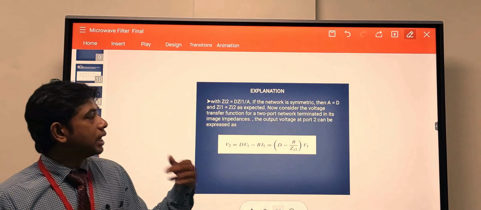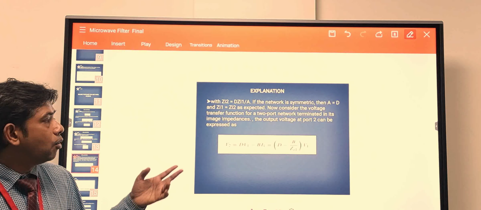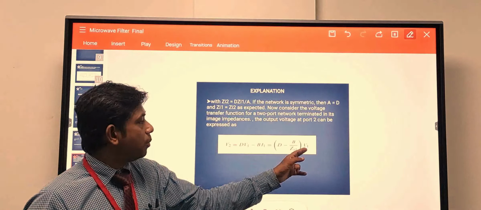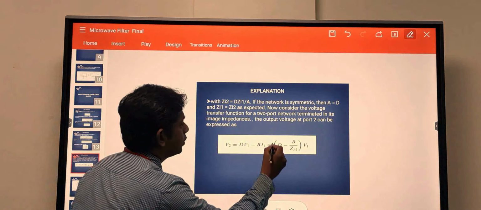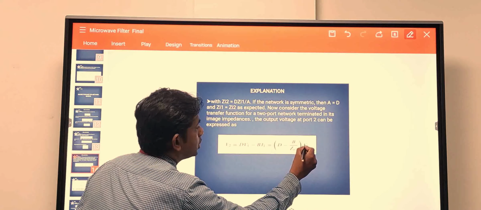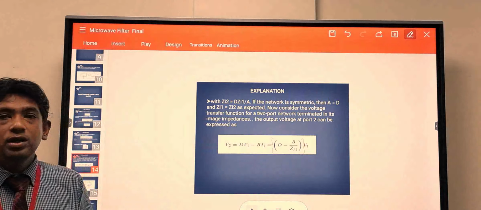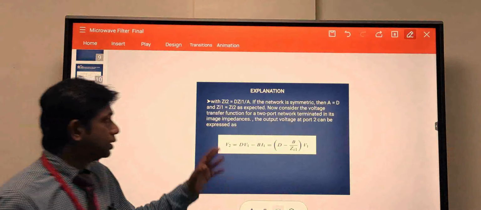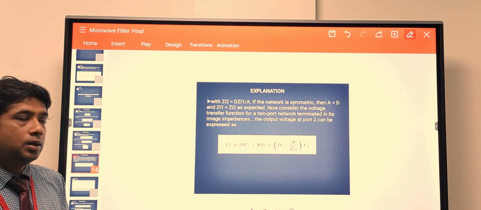Here I1 can again be expressed with the help of V1. We can take V1 as common. So what are we left with? We are left with D minus B by ZI1, into V1. So this is the entire thing that we are left with.